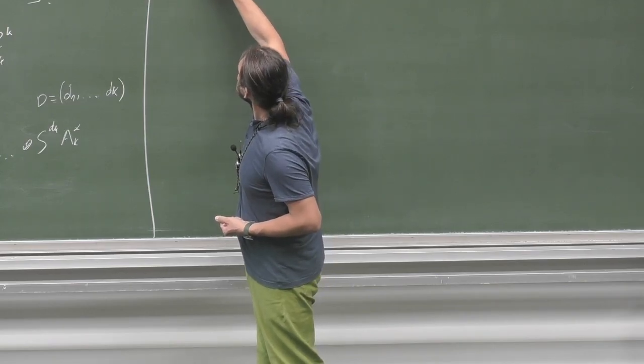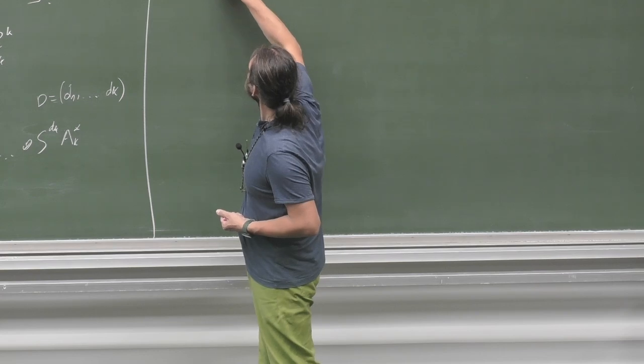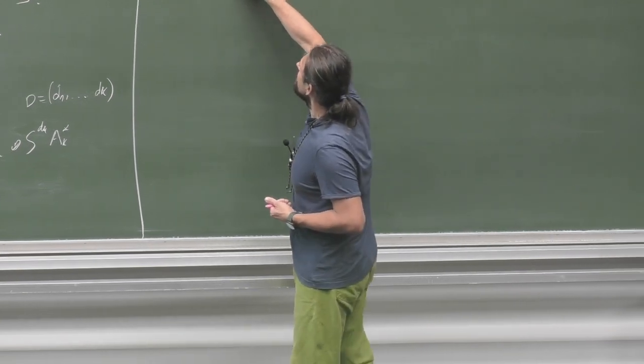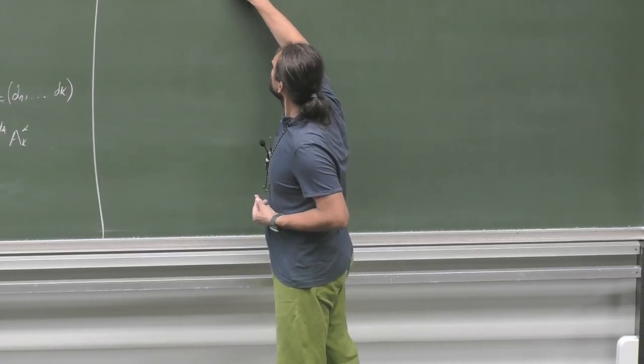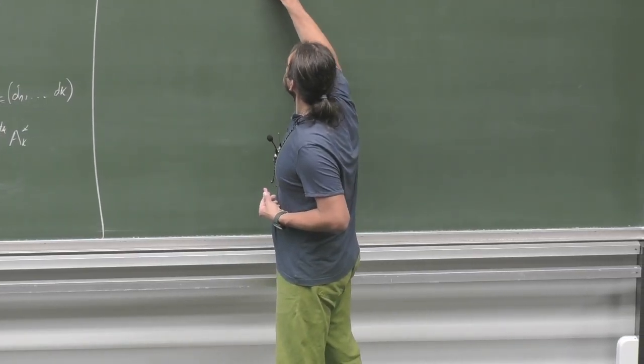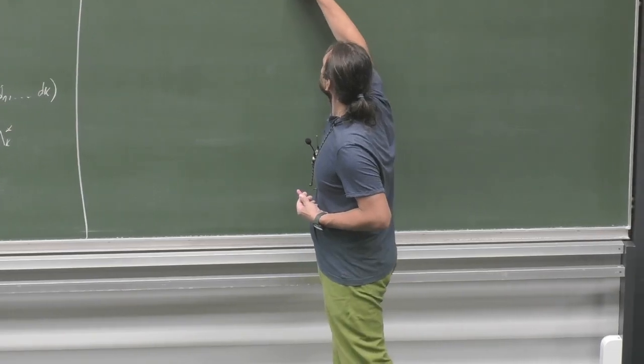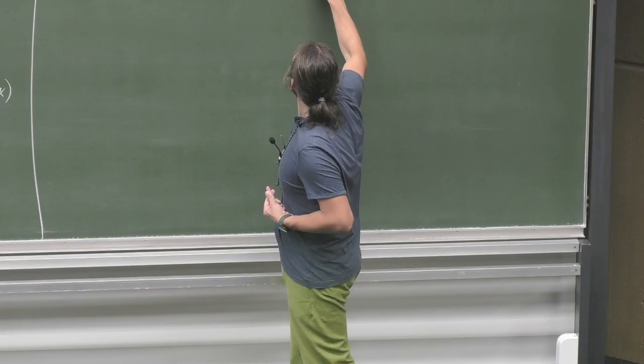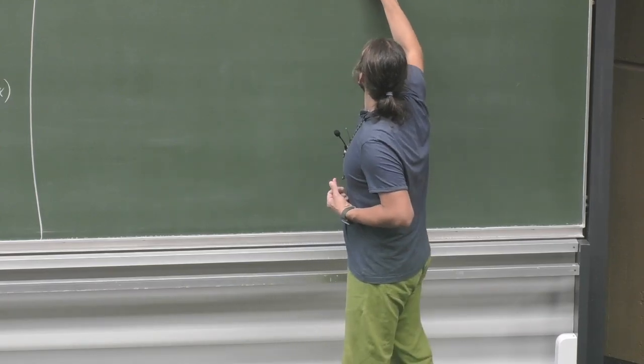So I should say that S^d V, for some vector space, let me call it V, is the space of homogeneous polynomials of degree d.